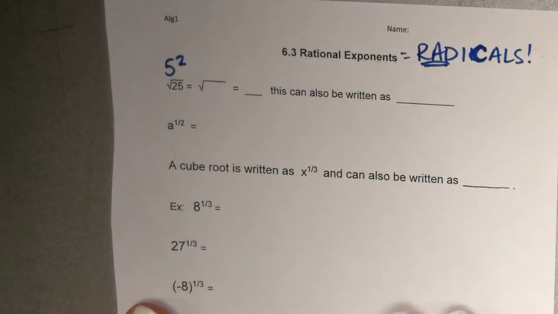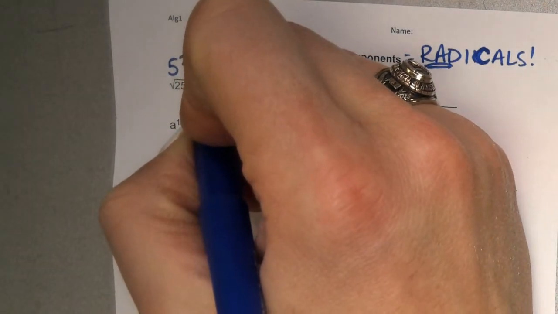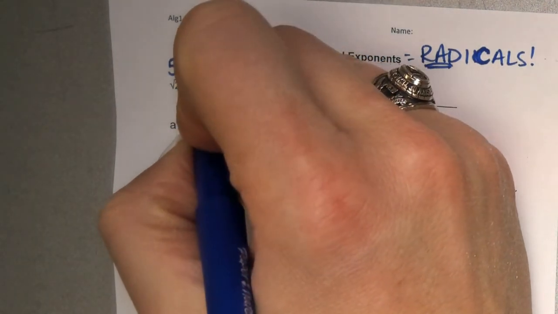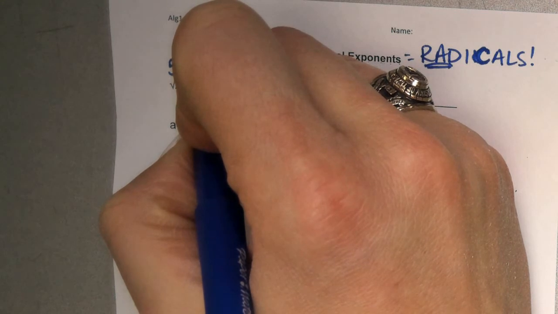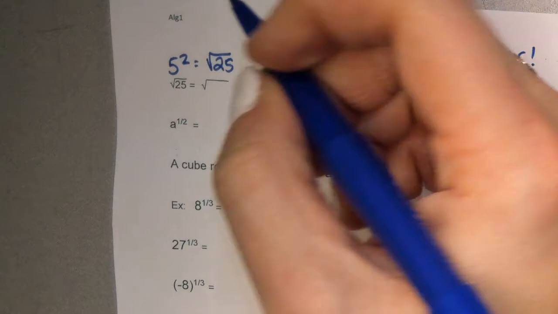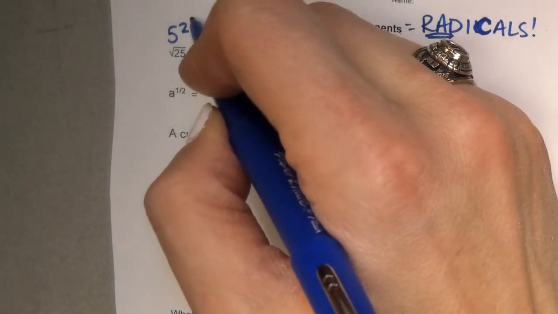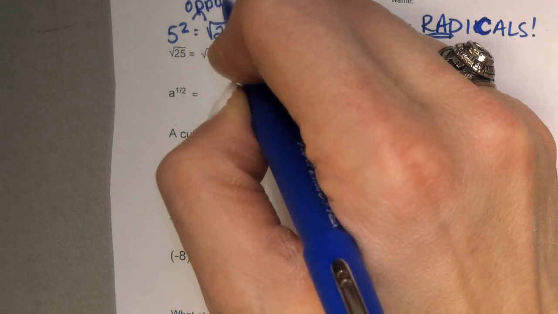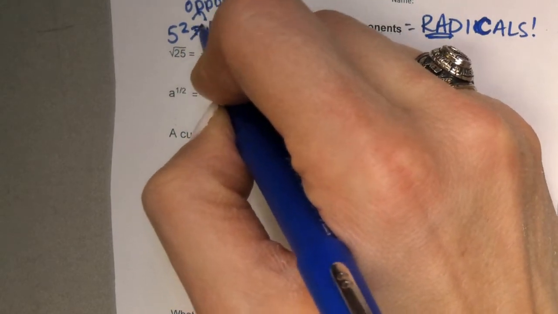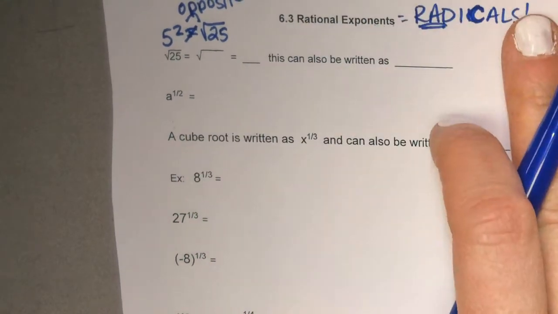The opposite of 5 squared, another way to write that is, of course, the opposite of that is square root of 25, right? So 5 squared and square root of 25, those are opposites, okay? They don't equal each other. Sorry. They don't equal each other. But you can see how they're related.